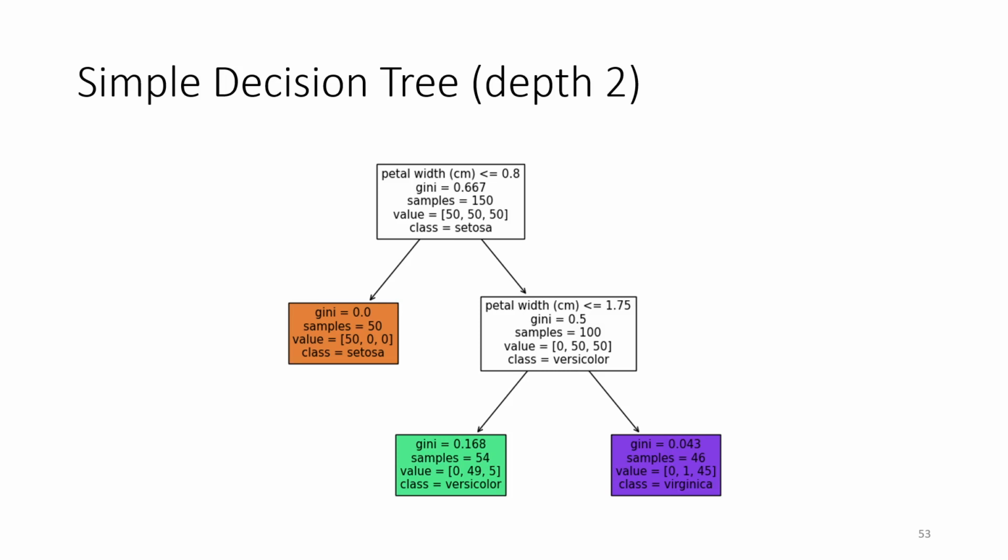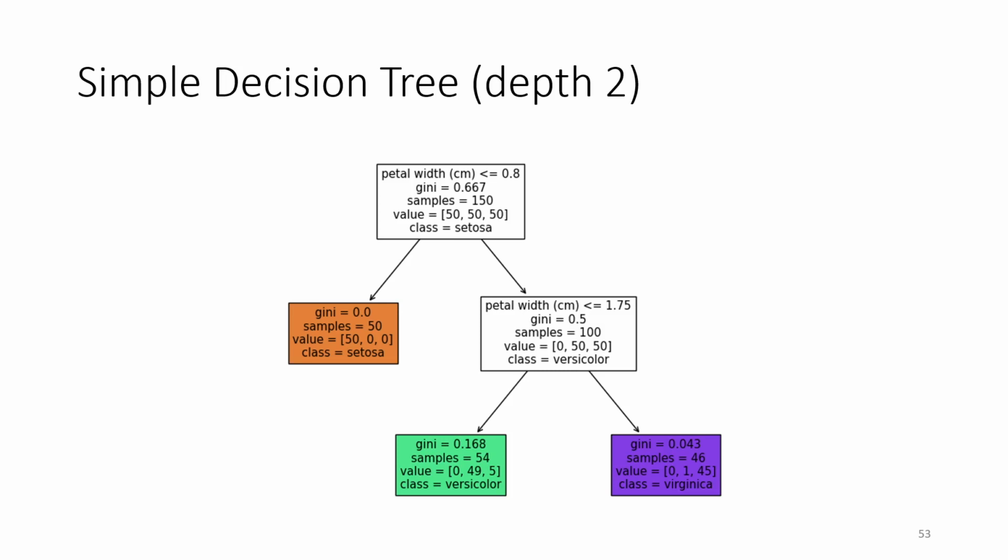One possible machine learning model that is very simple, but still quite popular because of the interpretability, is decision trees. A decision tree has a decision in every node, except for the leaf nodes. Here, the first one decides based on the width of the petal.